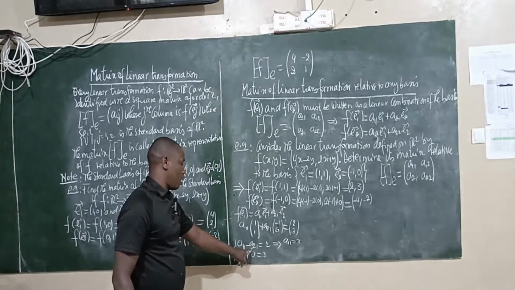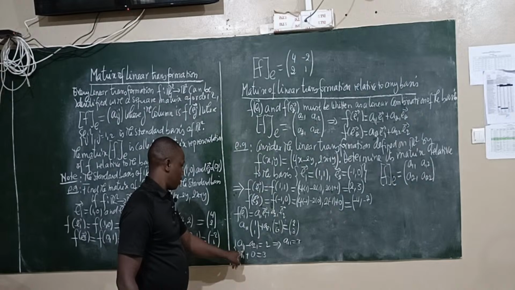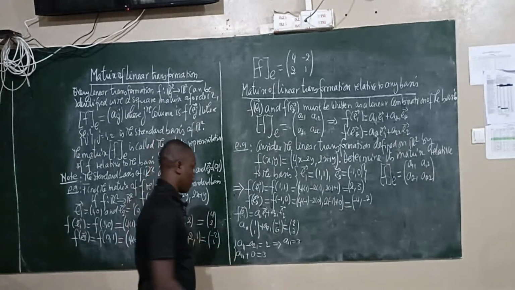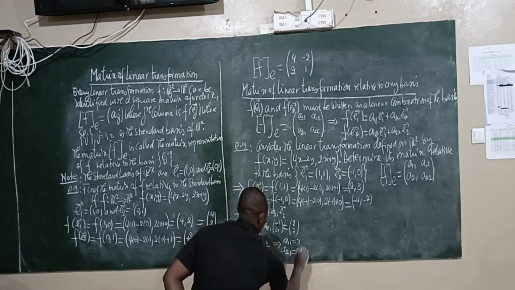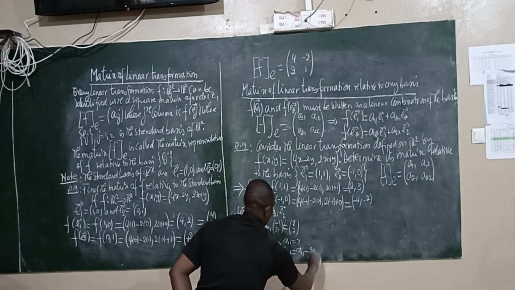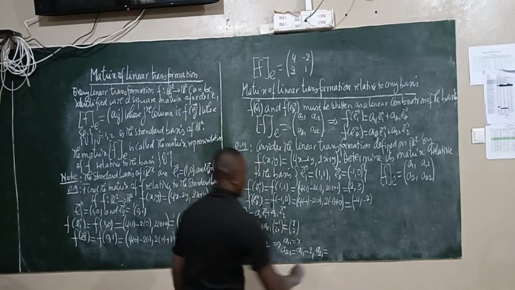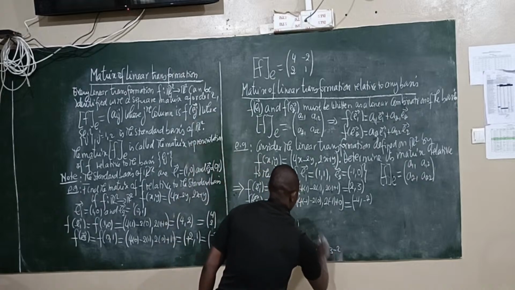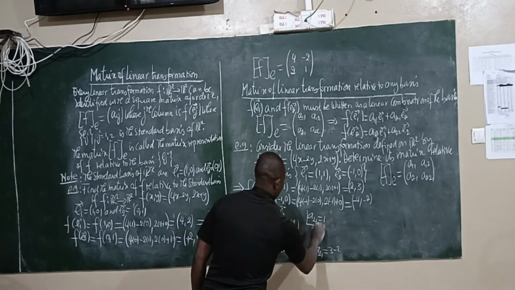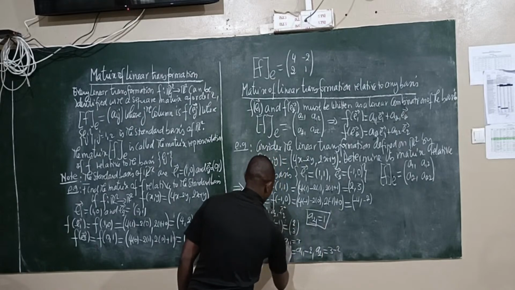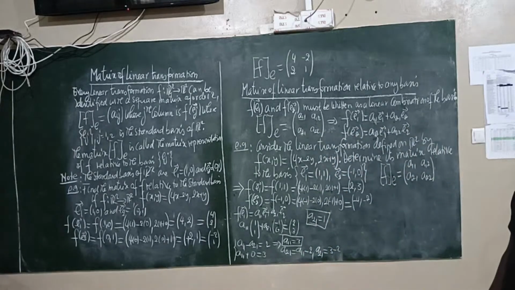We can have a21 be given by a11 minus 2. A21 will have the value 3 minus 2, and a21 is going to be 1. Here are the values of a11 and a21.